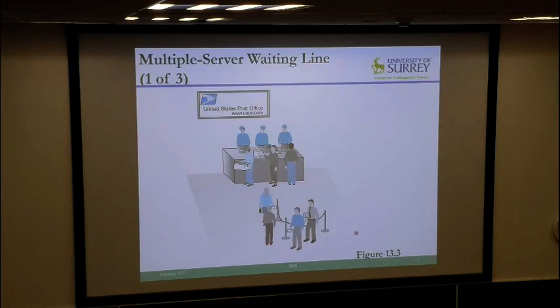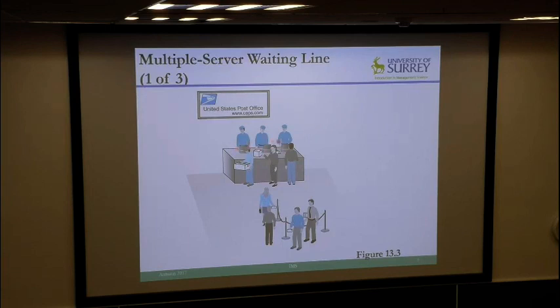This is a pretty standard scenario you will see if you go to a post office. You are waiting in a line, but at the counter you have more than one employee waiting to serve you. When you finish waiting, you can go to whichever counter to be served. In this example, the three employees work in parallel.